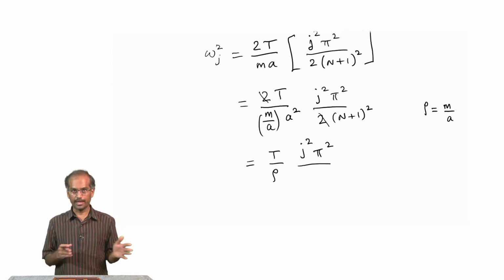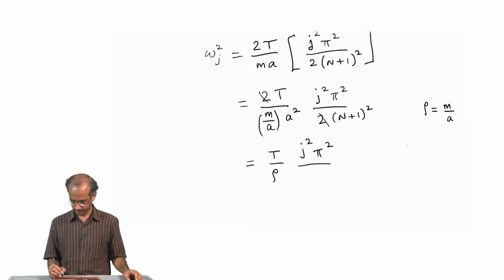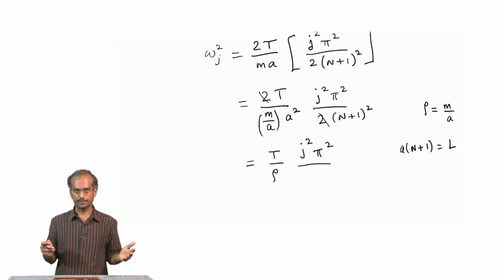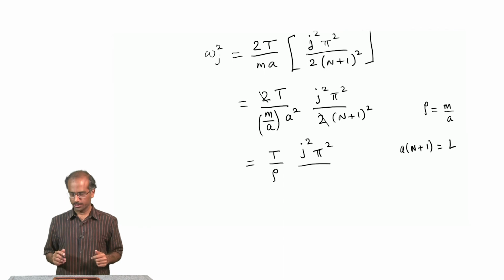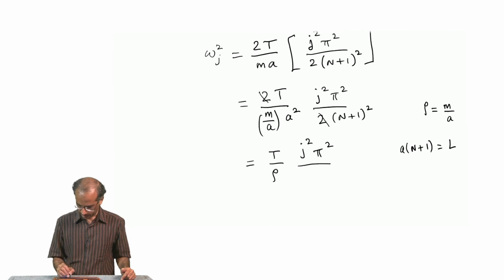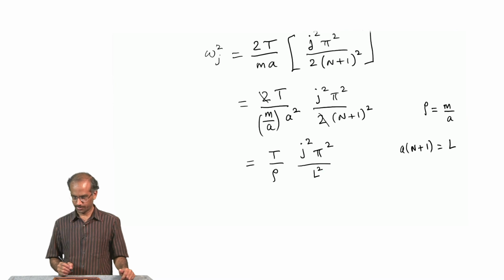So, a into n plus 1 is simply the total length of the string. It is easy to see that a is the distance between any two particles, and you have n of those particles. So, there are n plus 1 gaps. So, a into n plus 1 is the total length of the string, which means that I am going to have L square here in the denominator.